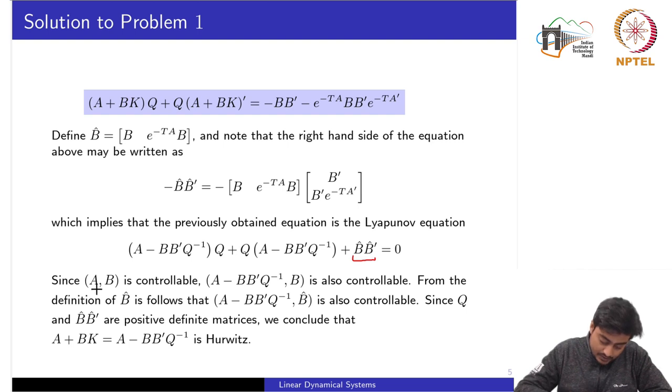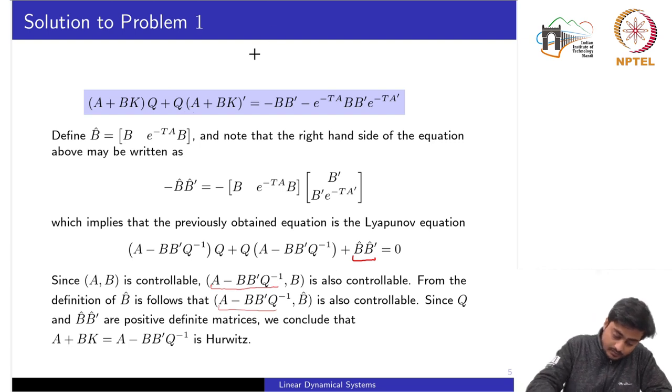So since the original pair A, B is controllable, this new or closed loop state matrix paired with the matrix P would also be controllable. This was one of the results. Now from the definition of the B hat, it follows that this pair would also be controllable.